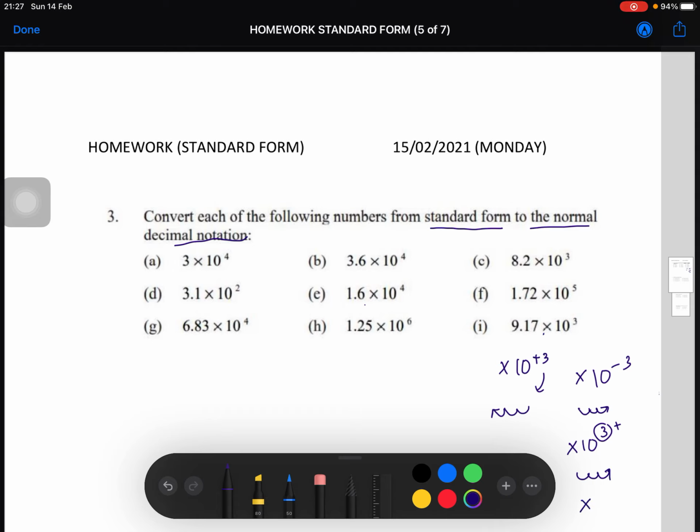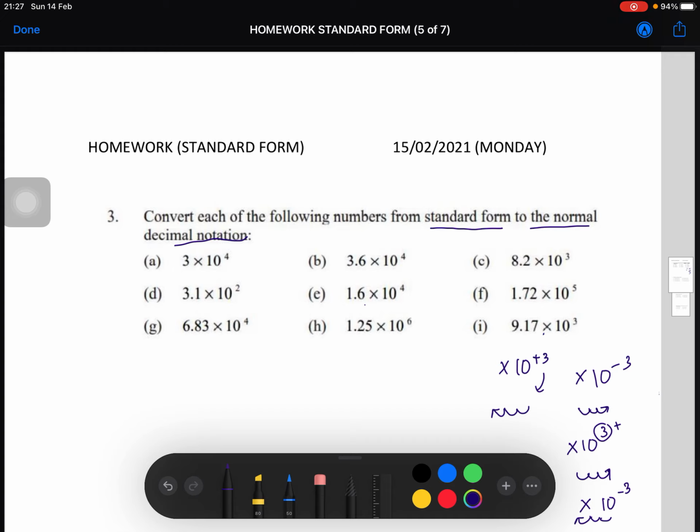Times 10 to the power of negative 3, the decimal is moving to the left 3 times. Standard form is the converse of normal decimal, if you notice. Okay, for question 3A, we go.